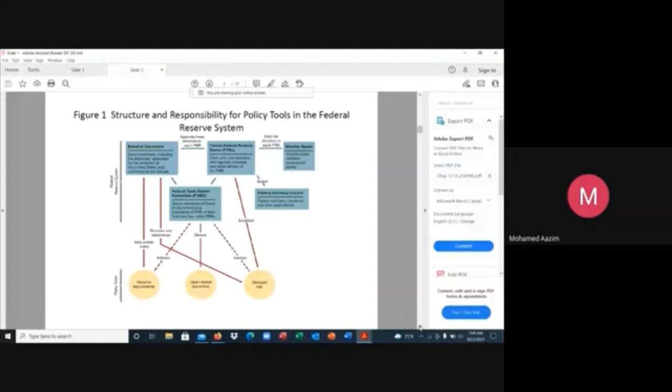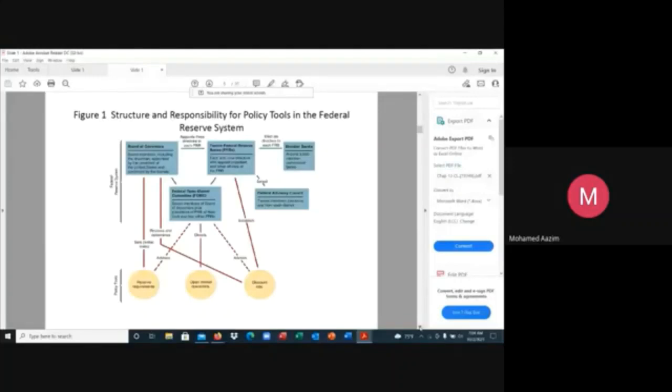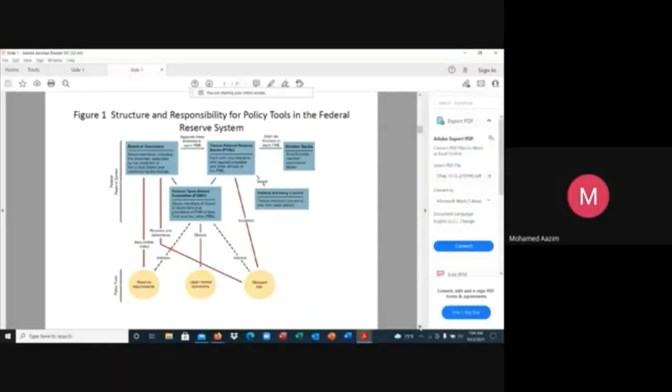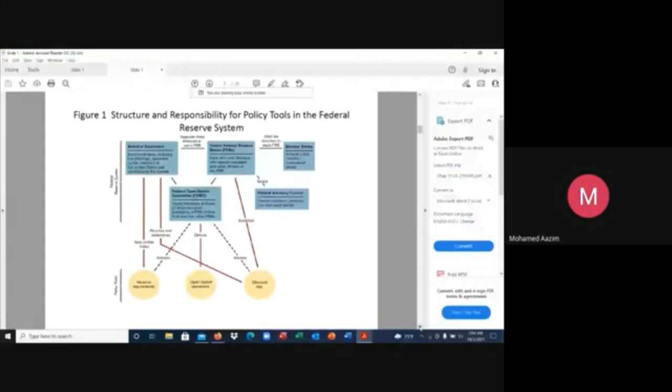In that sense, the Monetary Board still remains the most important unit within the Central Bank of Sri Lanka. But of course, the FOMC in the case of the US has its own powers and decision-making authority.